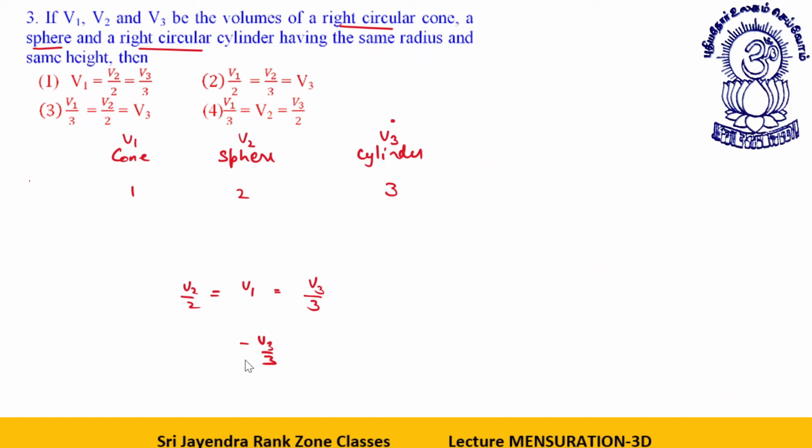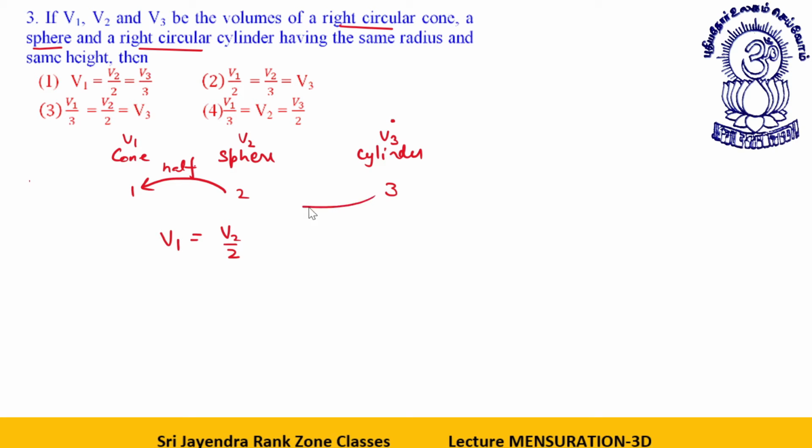Let me write it again for you. See, from sphere, if I go to cone, I'll have to half. If I half the volume of the sphere, I will get the volume of cone. So I can say V2 by 2 is equal to V1.